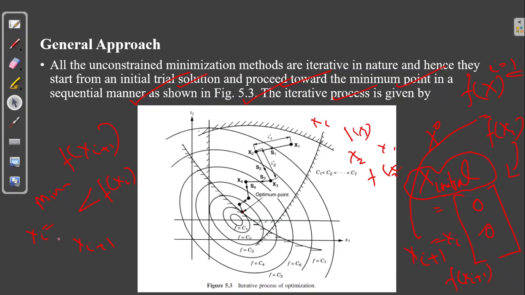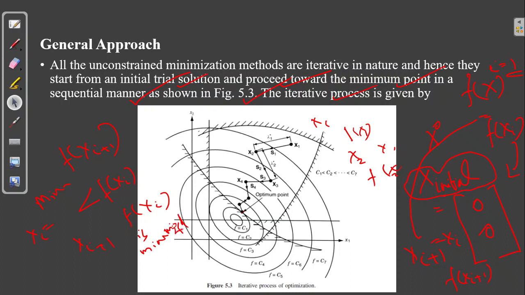Then you have to find xi plus 1. In order to find this xi plus 1, you should have two parameters. That means, first of all, in which direction you have to go so that f of xi is minimized.